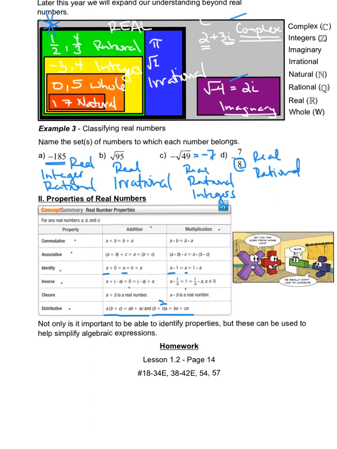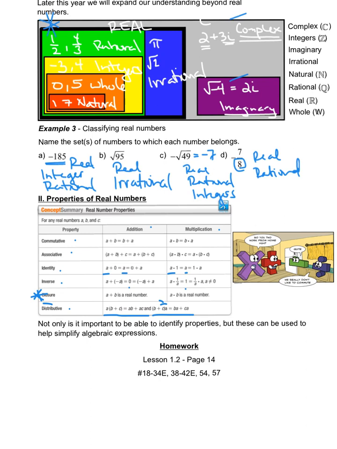And then the last property, this is probably going to be the new one for you. It's called closure. Closure just means that when we add 2 numbers together, it's a real number. Or when we multiply 2 numbers together, it's a real number. It's not like it disappears and becomes imaginary all of a sudden. Okay? But those are the few properties that you'll have to identify.